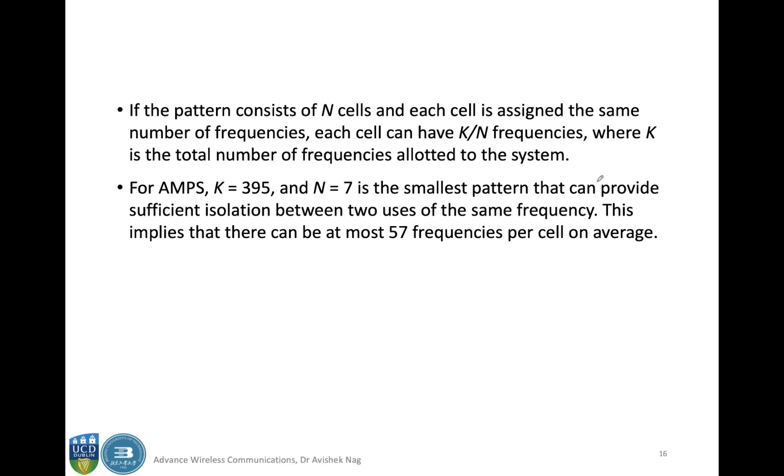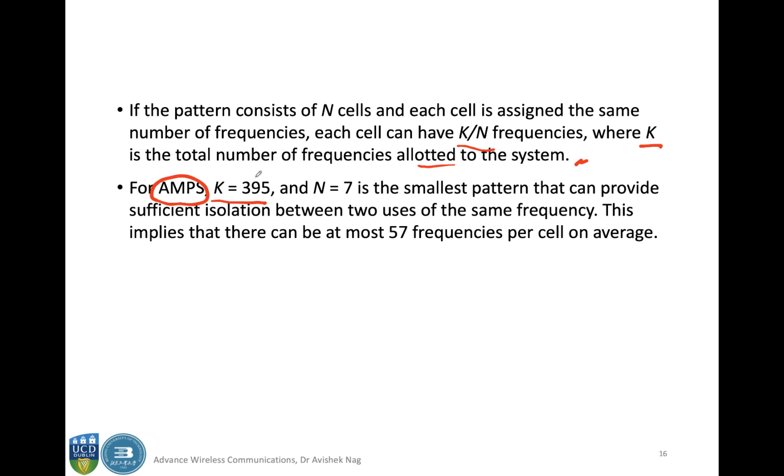So talking about mathematics, we have some of the concepts right here. Let's say the pattern consists of N cells and each cell is assigned the same number of frequencies. Each cell can have K by N frequencies, where K is the total number of frequencies allotted to the system. For example, there is a system called AMPS, a standard for cellular communication. In that case, K is 395.